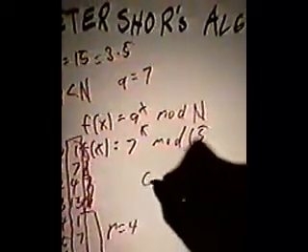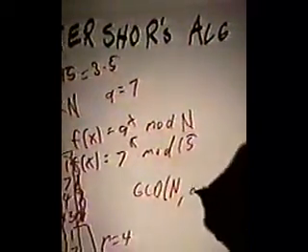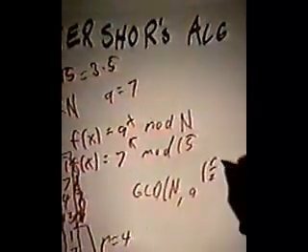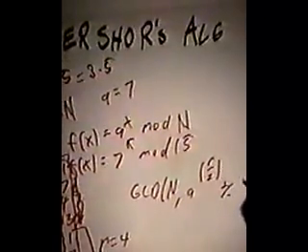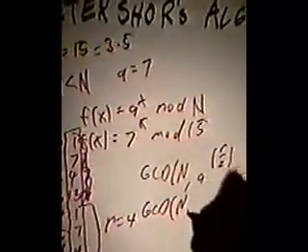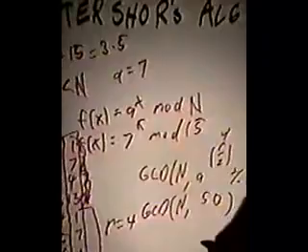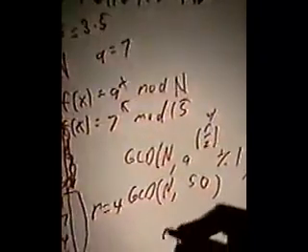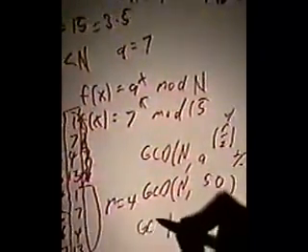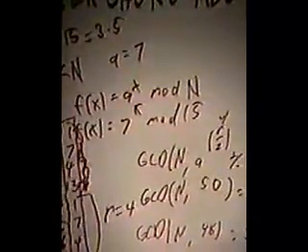What we can do then is take the greatest common divisor of n and a to the r over 2, plus or minus 1. We put a 4 in there, 50 for the plus, 48 for the minus, which gives us 5 and 3, which are the original factors, right?